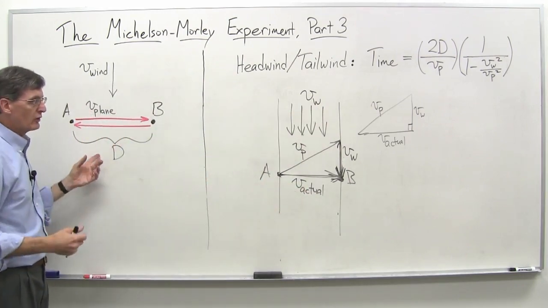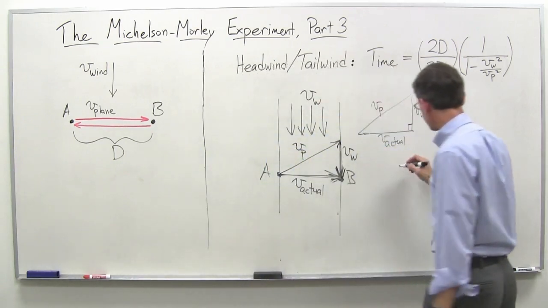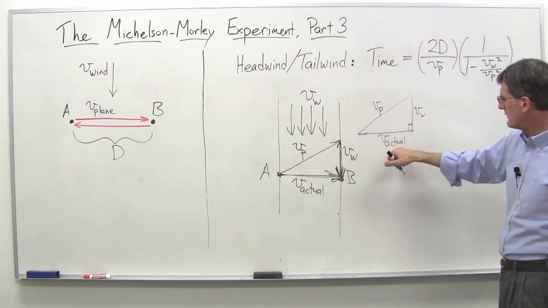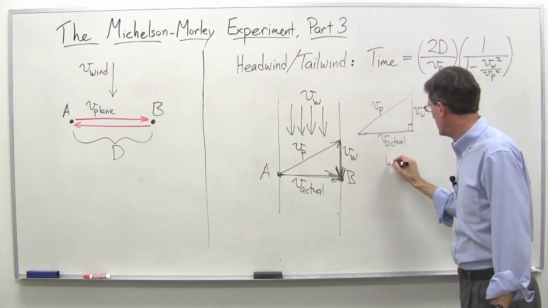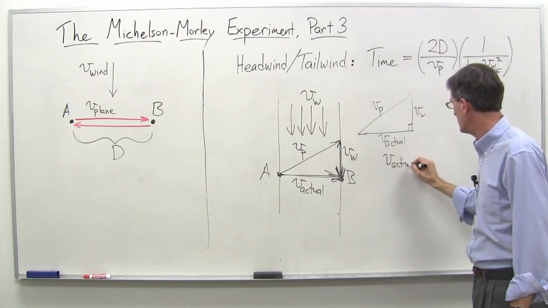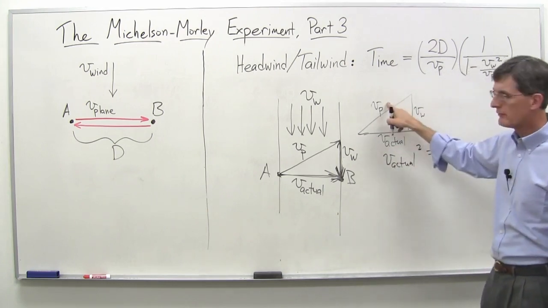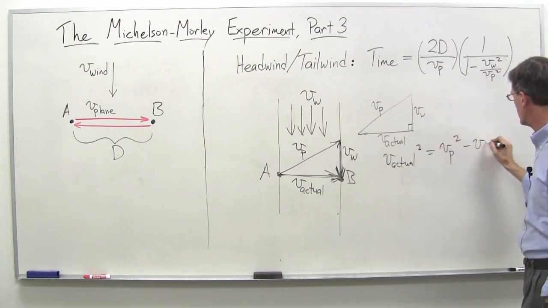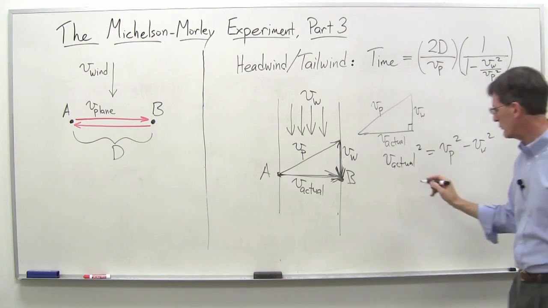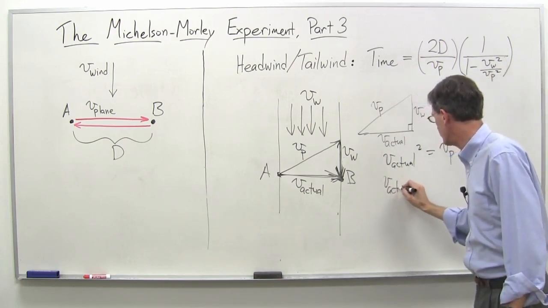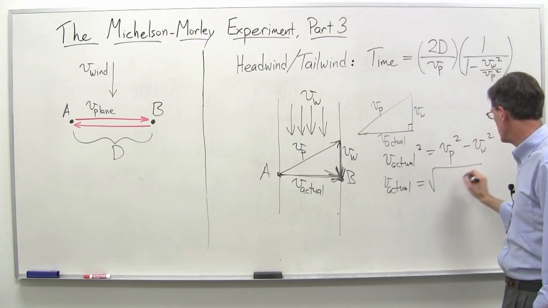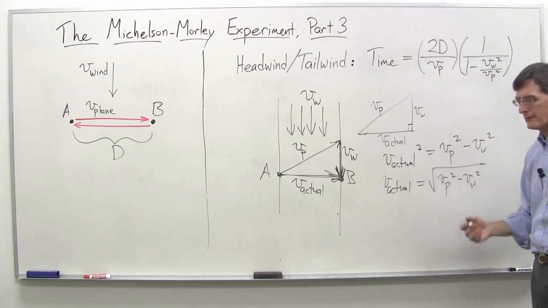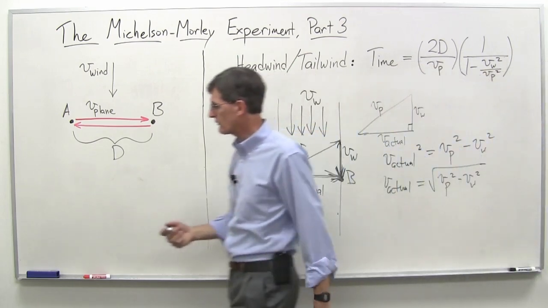So what is V actual over here? Well, Pythagorean theorem tells me that this squared plus this squared equals this squared. Remember? So if I want this, I can write V actual squared equals the hypotenuse here squared, Vp squared minus Vw squared, or more precisely, V actual equals the square root of Vp squared minus Vw squared, assuming that we're dealing with positive quantities here for the velocity, of course.